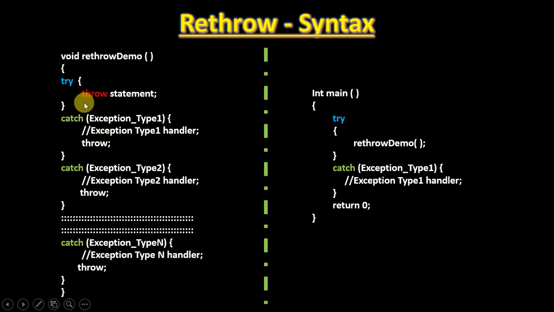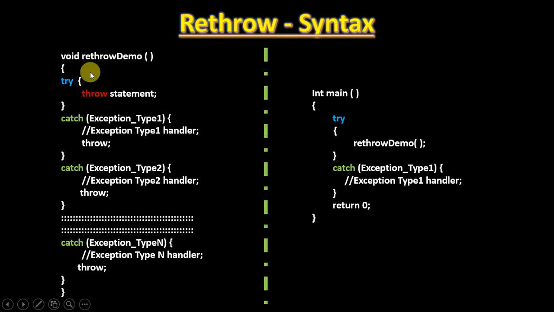You cannot rethrow the exception from one catch block to another catch block in the same catch block sequence. But what you can do is throw the same exception from one catch block to the other catch block where it is called the function. So this is one layer, the library layer, and this is the application layer, right?